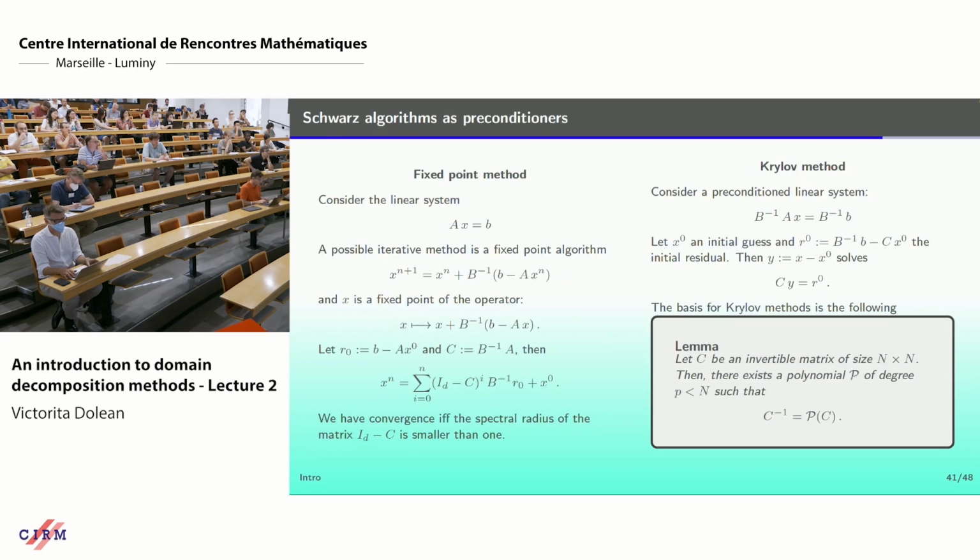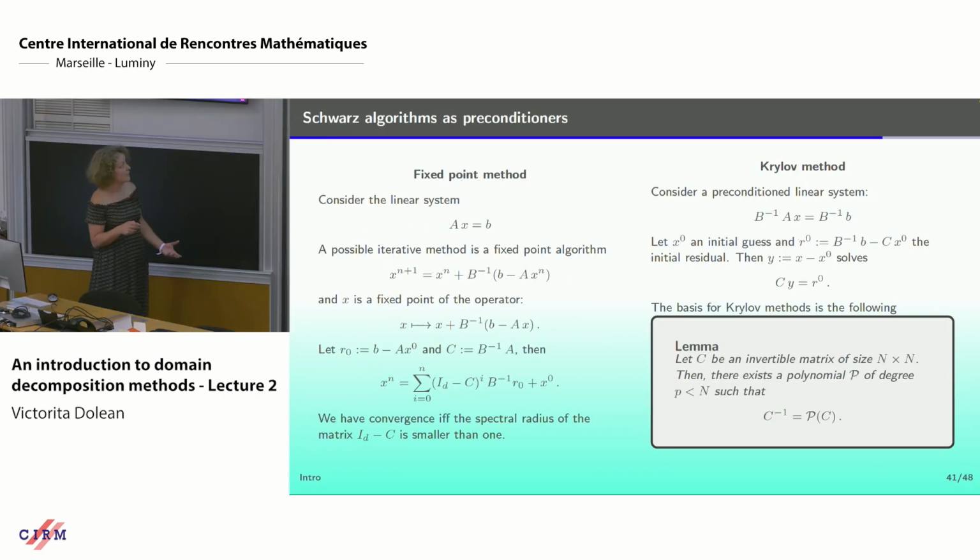That means my Schwarz method in its iterative form is a fixed point iteration in which you have a preconditioner. So now, instead of using my Schwarz method, which is a fixed point iteration, I move to the second panel: I use a Krylov method, but on the preconditioned iteration. This is my global matrix A, and this B^-1 is simply the preconditioner that comes from the domain decomposition.